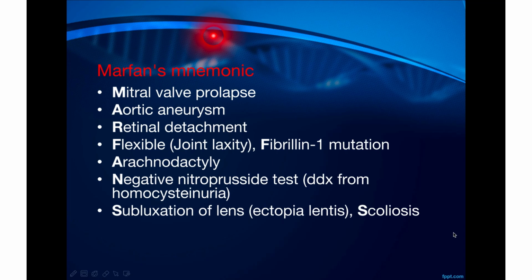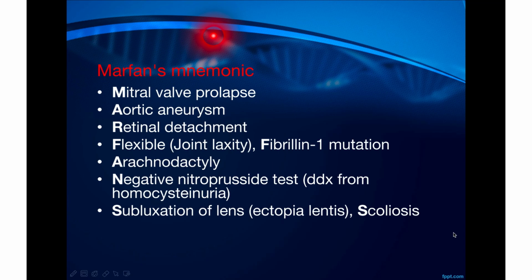The third one, R, is retinal detachment. And F is flexibility, also known as joint laxity. Usually these patients are very flexible at their joints. Another mnemonic for F could be fibrillin 1 mutation, if you want to remember the genetic pathophysiology of this syndrome.